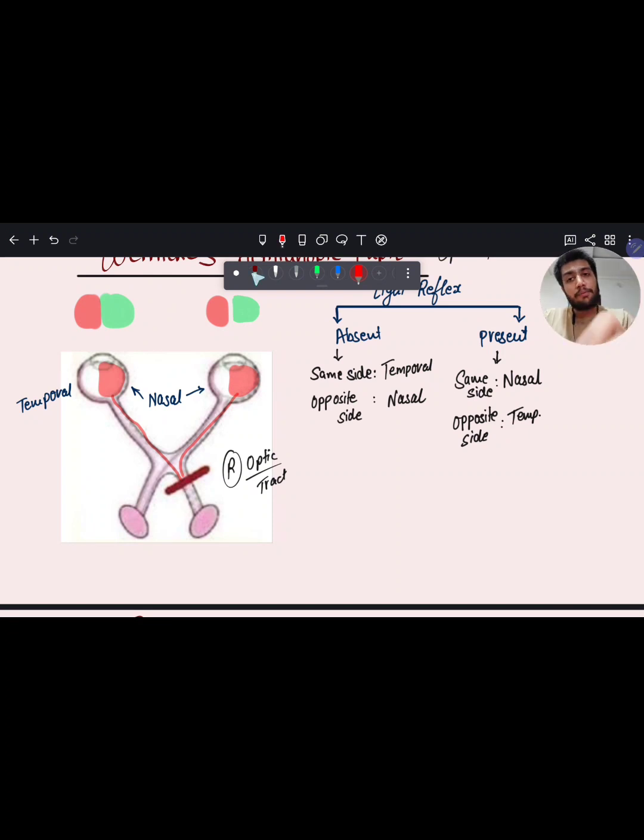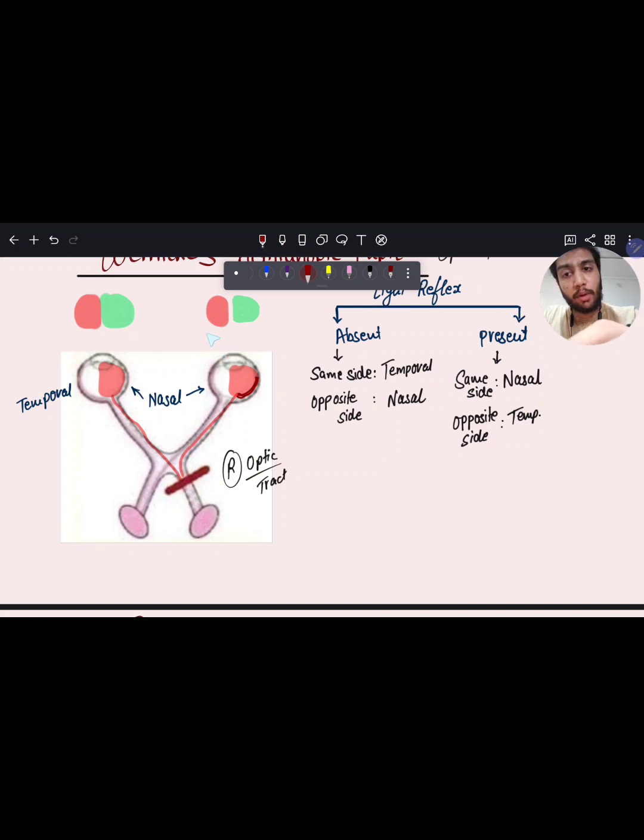Now we want to perform the light reflex test. But half of the retina in both eyes is not functioning well and won't take the light stimulus, because the right optic tract is lesioned. So let's talk about the same eye first, because on the same eye the temporal side of the retina is affected.